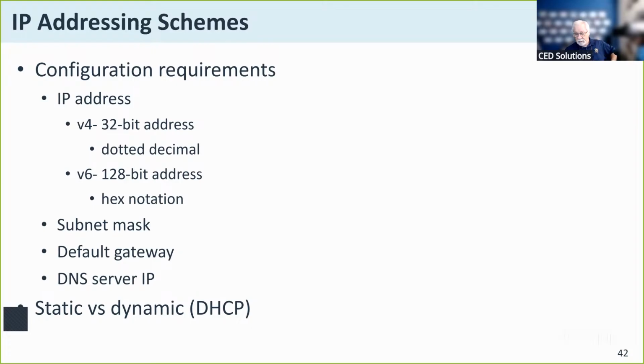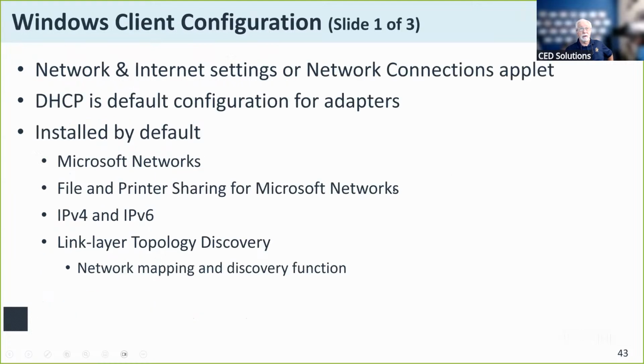Or you can have the DHCP server do it. That is by far my choice on that because it does it automatically and it manages the pool of available IP addresses without me having to worry about it.